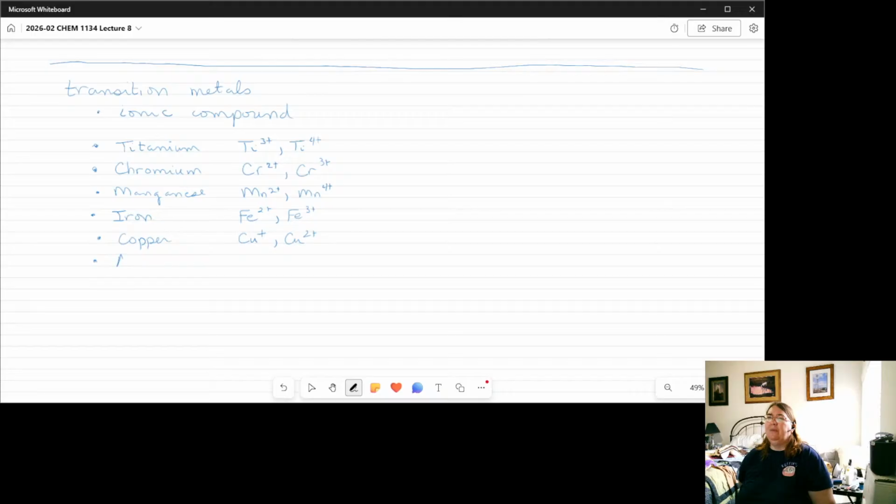Nickel is +2, +3. You'll notice almost all of these ions have a stable +2 except for titanium.